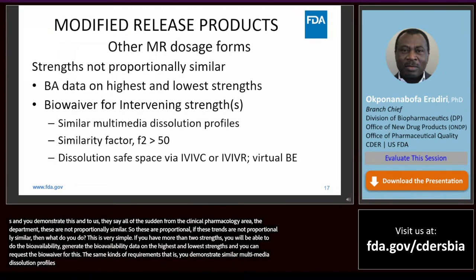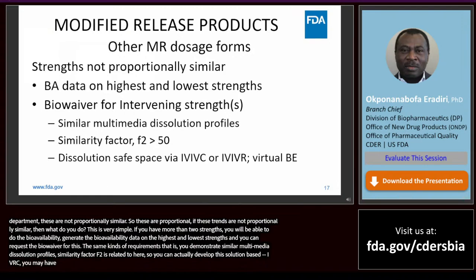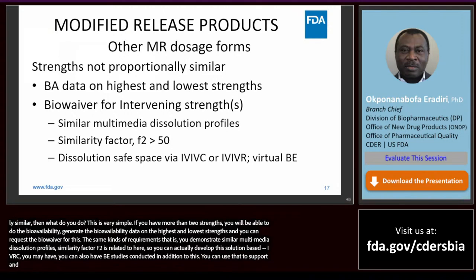Similarity factor F2 is greater than 50, but for these modified release dosage forms, you can actually develop a dissolution safe space via IVIVC or IVIVR. You can also have virtual BE studies conducted in addition to these models, and be able to use that to support and to justify the biowaiver request.